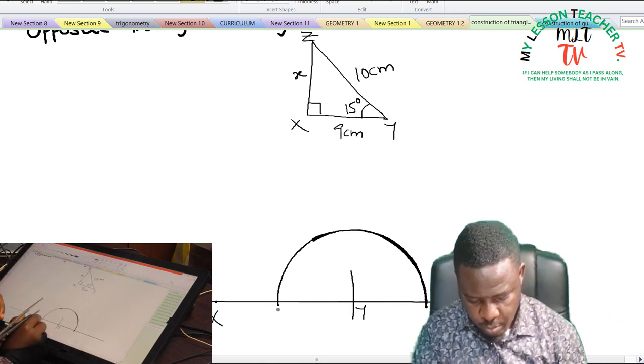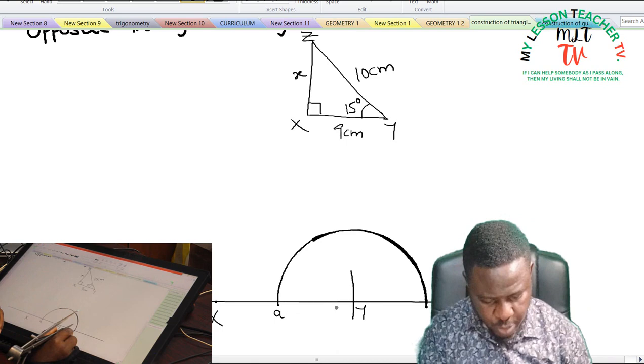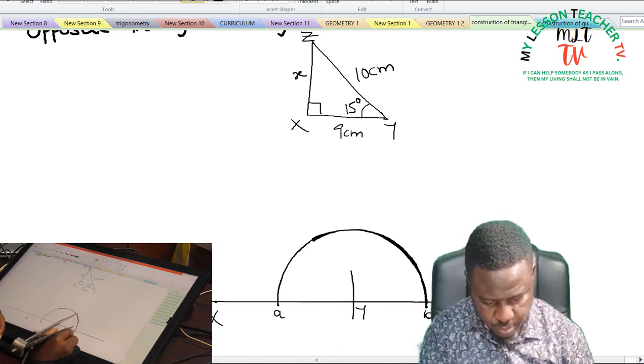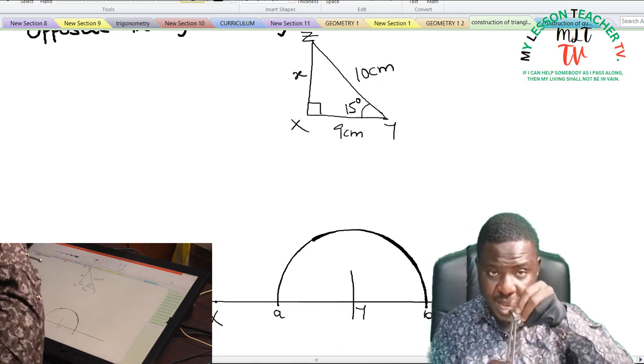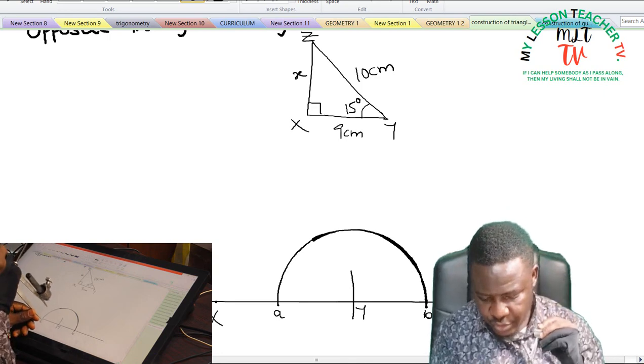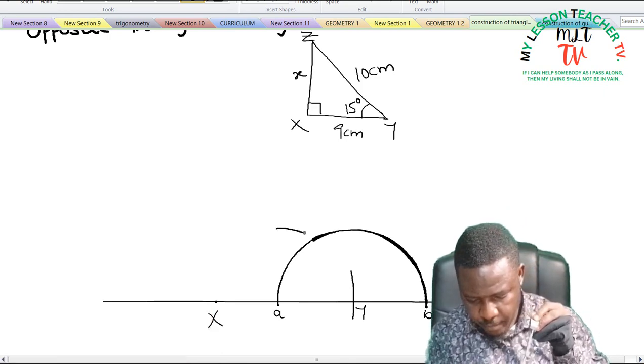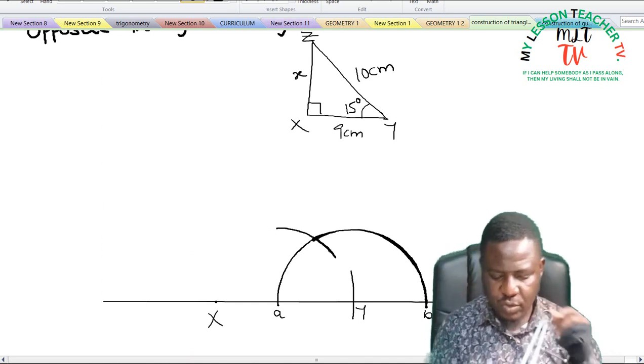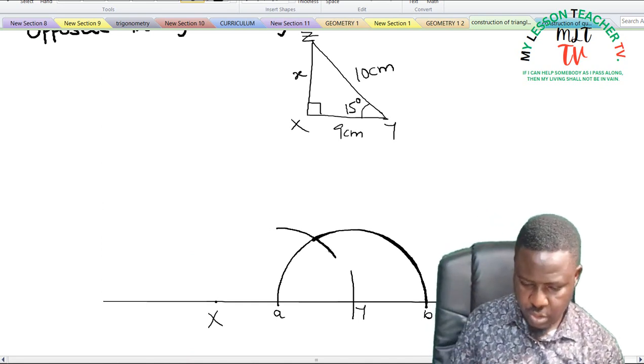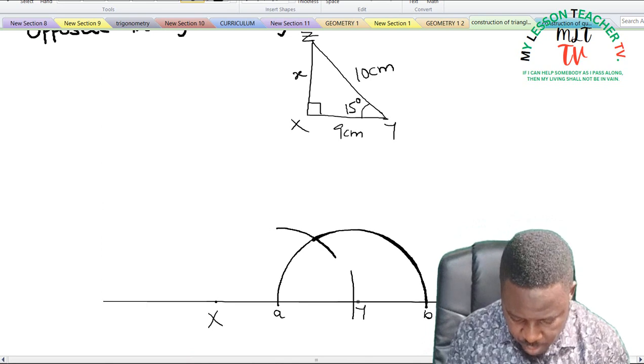Call this point A and point B. With A as center and with that same radius, construct an arc. That gives me angle 60 degrees. So this is my angle 60 degrees.